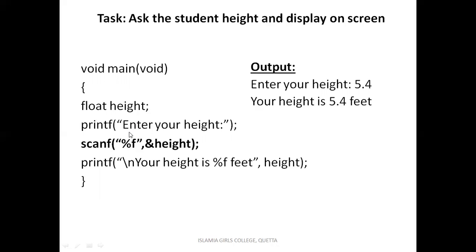Then you have written enter your height, so this will be printed over the screen, and in the next statement, this is the input function using the format specifier %f, because for the floating point %f format specifier is used, and &height. So the user has entered the height 5.4 and this will be stored in the variable height, and in the next statement the height is printed. Again using the format specifier, your height is %f feet. So the value which is stored in the height, that is 5.4, will be printed on the screen.